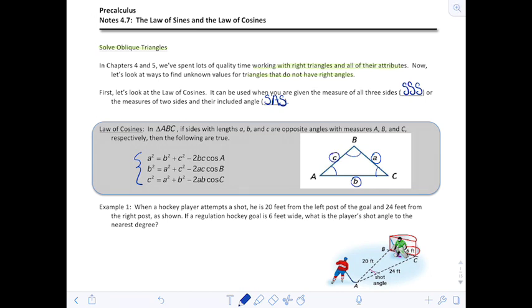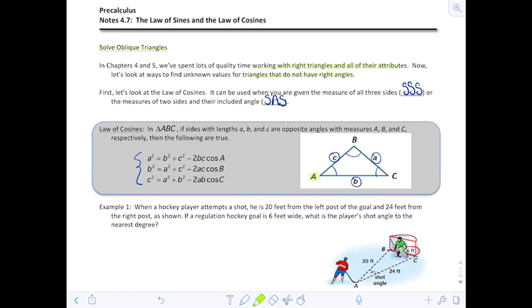The first equation we have is a squared equals b squared plus c squared minus 2bc times the cosine of A. What this is really saying is that if angle A is the focus, the one that's included in the formula, then it's the side opposite of angle A squared that is equal to the other two sides, b and c squared, minus 2 times the sides b and c times the cosine of A.